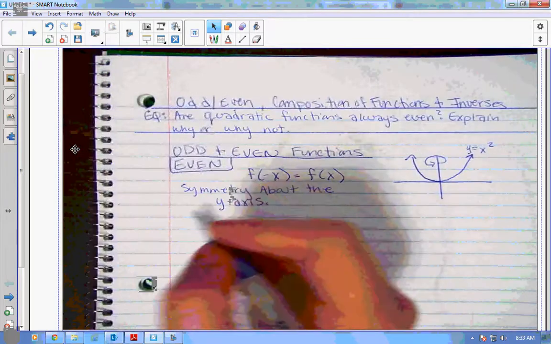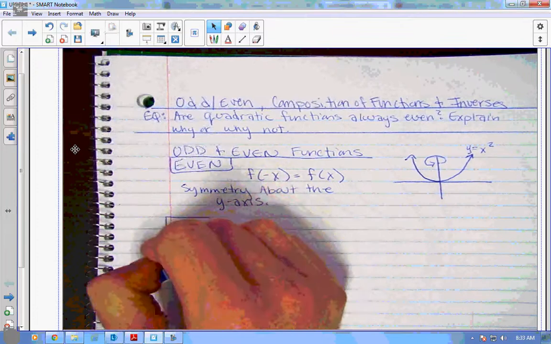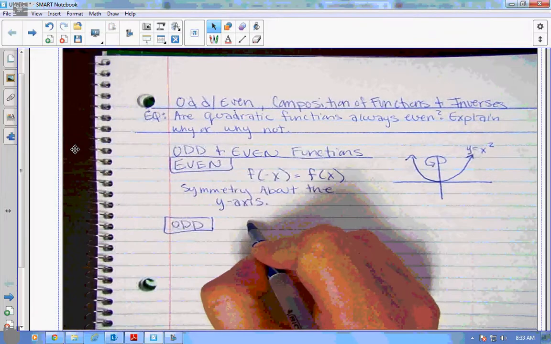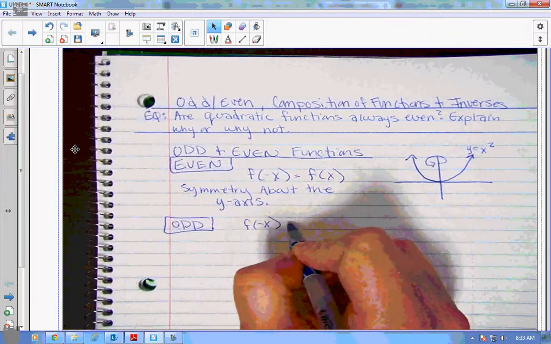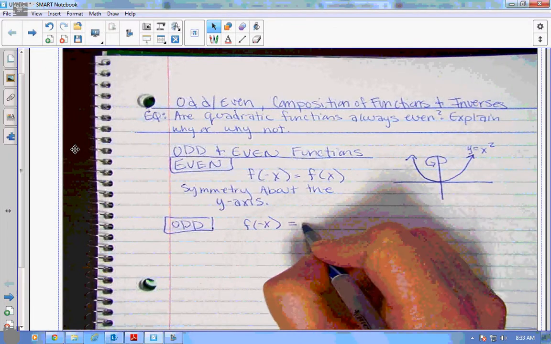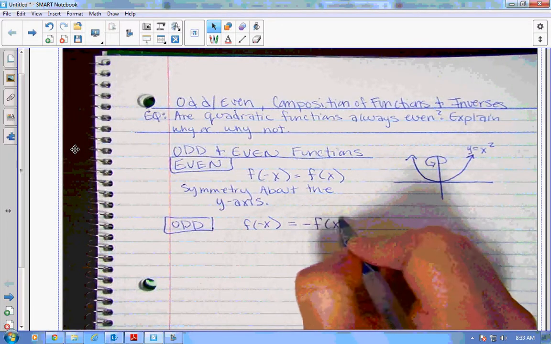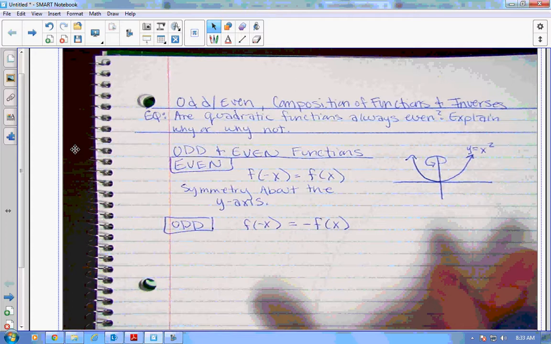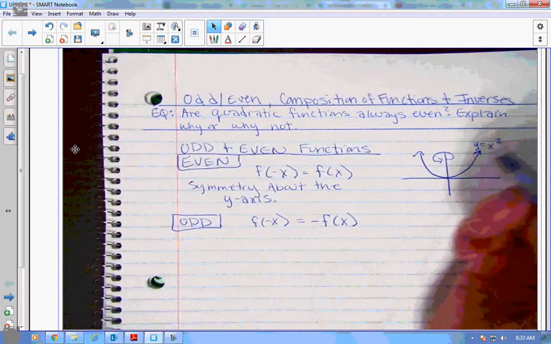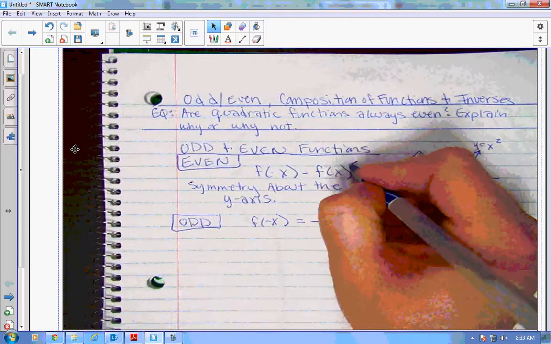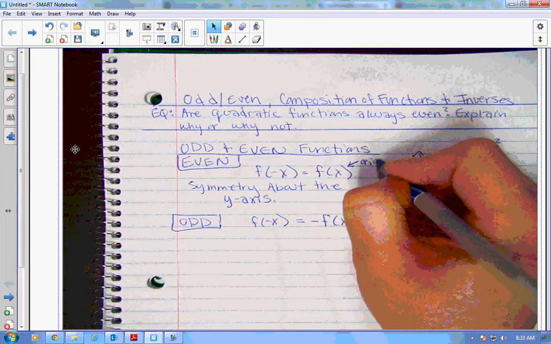An example of an odd function is when you plug in negative x into the function and you get negative f of x. So with an even function, the function stays the same. You get the original back.